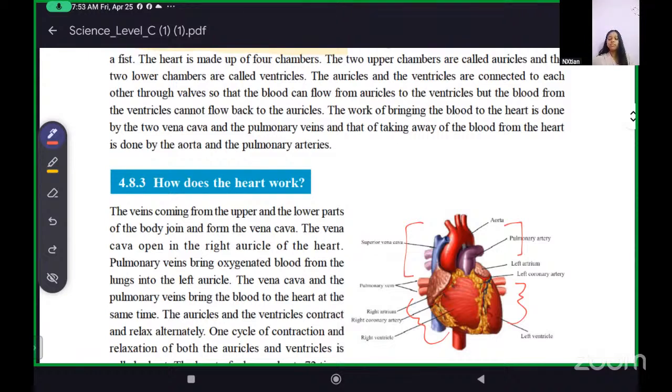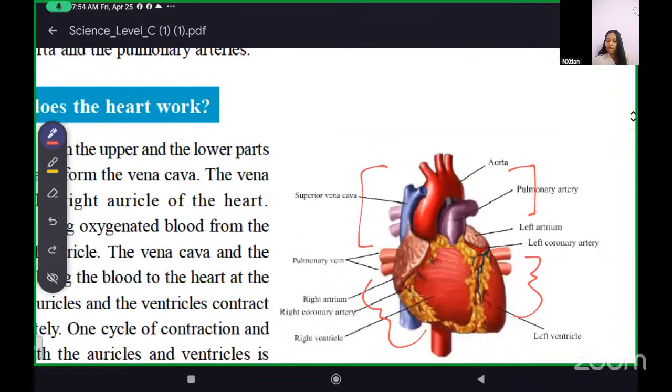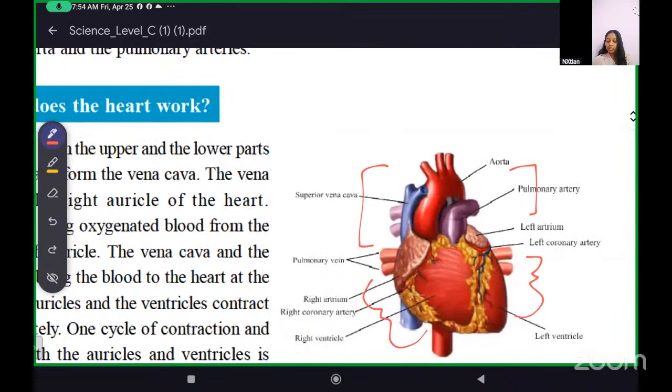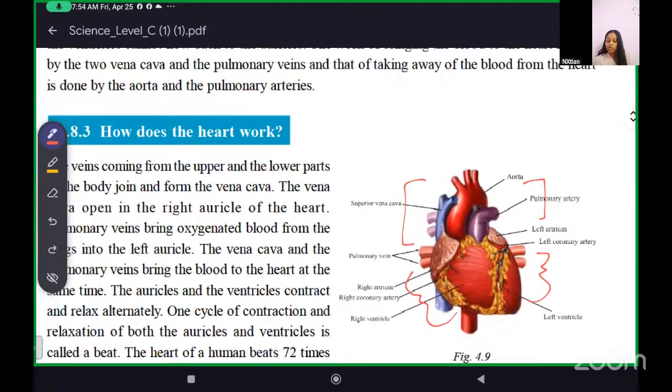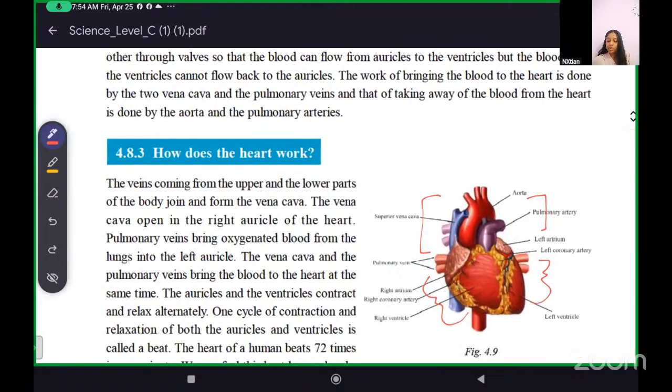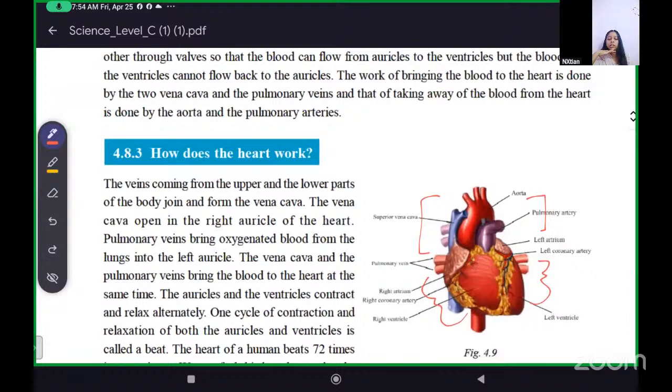The work of bringing the blood to the heart is done by the two vena cava and the pulmonary vein, and that of taking away the blood from the heart is done by the aorta and pulmonary artery. We talked about how from the rest of the body the blood comes to the heart. From where does it happen?